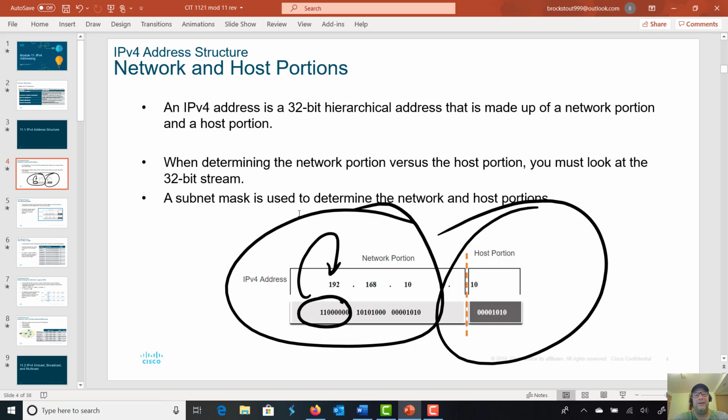Also, since it's 32 total bits, if we use more bits for network, that leaves fewer bits for hosts. Fewer bits for hosts means fewer combinations of binary digits for hosts, and therefore we would have smaller networks. So the more digits that we use for network, the fewer digits we use for host, and the smaller the networks are going to be. So just keep that in mind. Let's move on to the next slide.